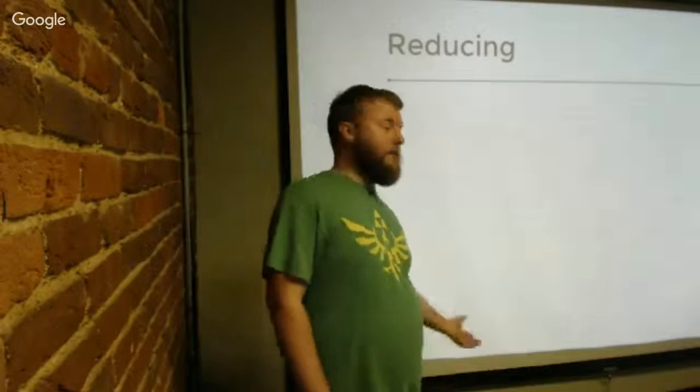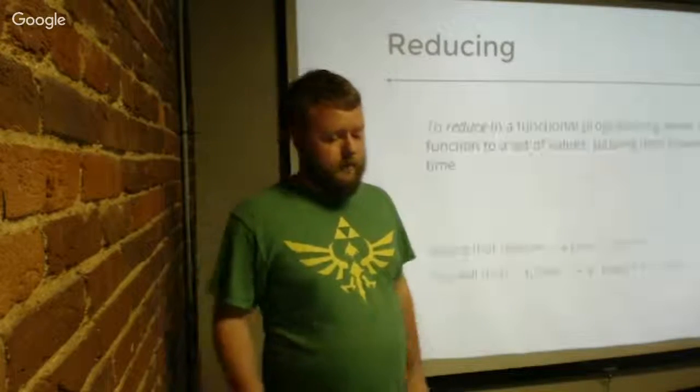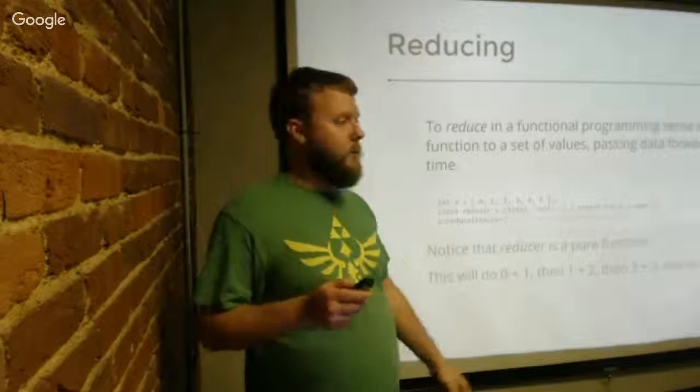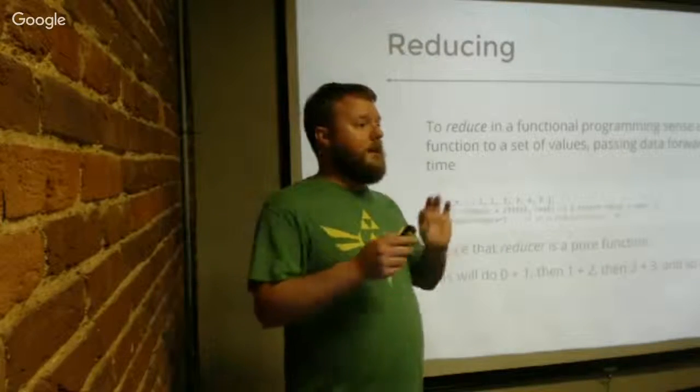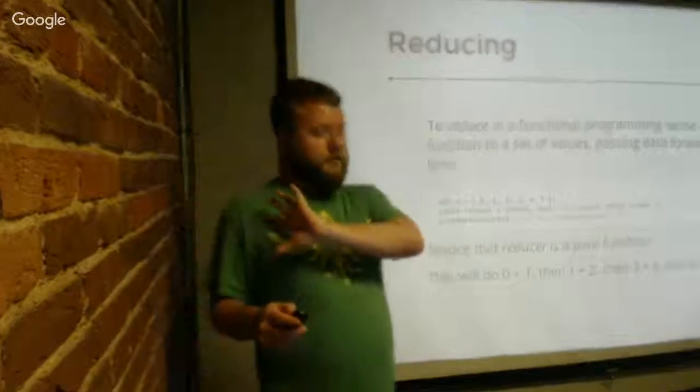So something else that's going to be important to understand is what reducers are. To reduce, in a functional programming sense, is to apply a function to a set of values and pass along a value as you go.